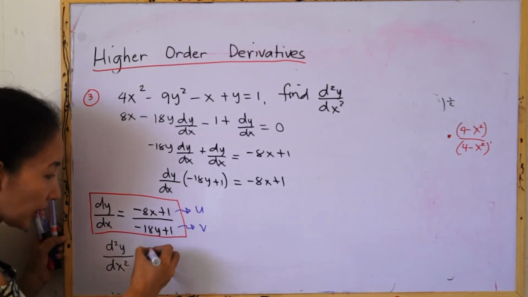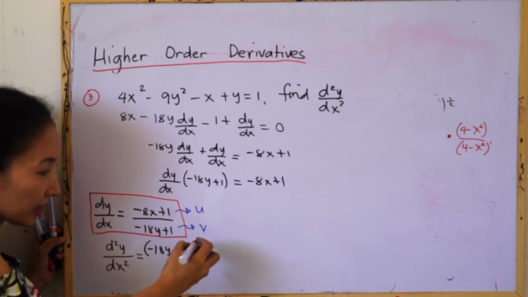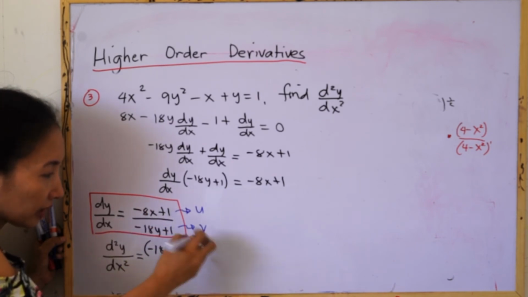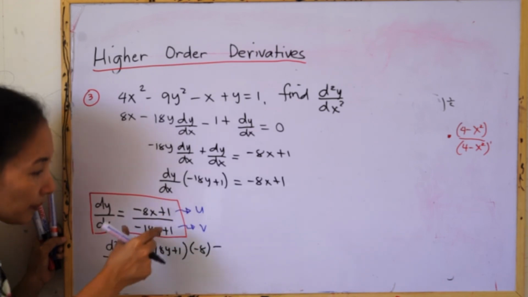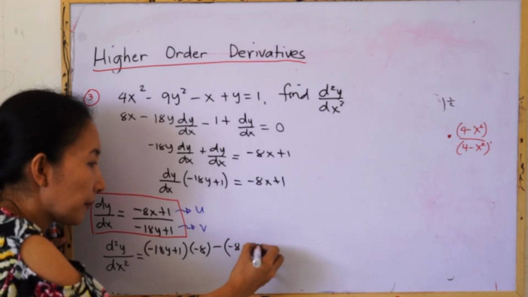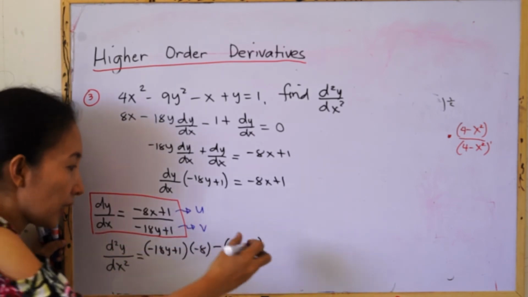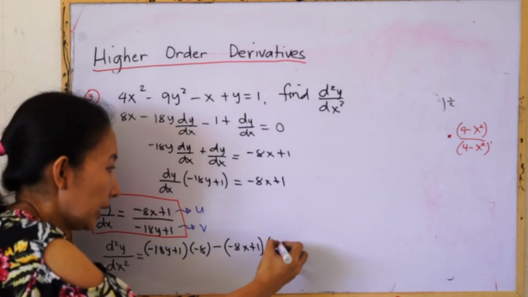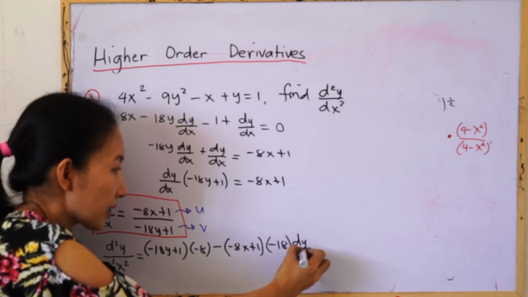V is negative 18y plus 1, times du. The derivative of negative 8x is negative 8. The derivative of 1 is 0. Minus U dV: U is negative 8x plus 1, and the derivative of V is negative 18 dy over dx.